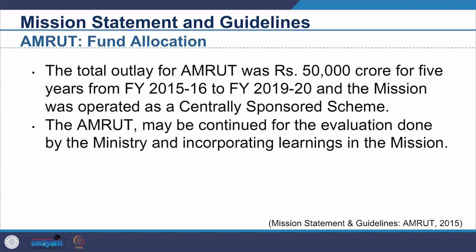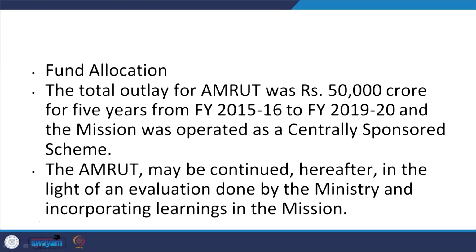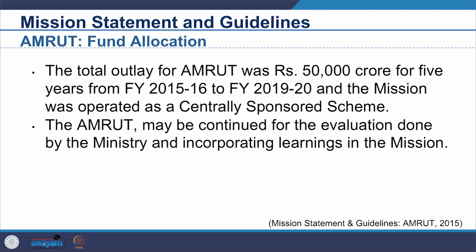We see that the allocation of fund, the total outlay for AMRUT was 50,000 crore for 5 years from financial year 2015-16 to financial year 19-20, and the mission was operated as a centrally sponsored scheme. The AMRUT has been extended for further 2 more years, based on the evaluation done by the ministry and incorporating learnings in the mission.